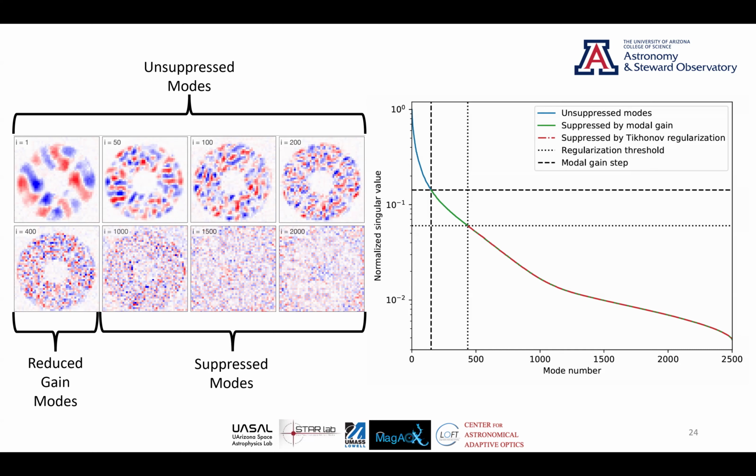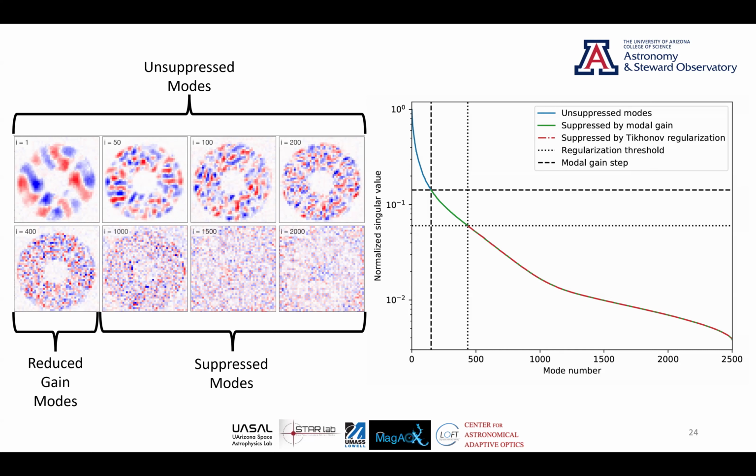And then on top of that, we said, well, some modes are higher spatial frequency. They are still high spatial frequency, but they have some noise, but they're still weighted highly enough that we want them in the inversion. And so you end up with modes like this here, where there's some noise, they're not quite as clean, but we still want them to be included in our control matrix because they still have a really high weighting here.